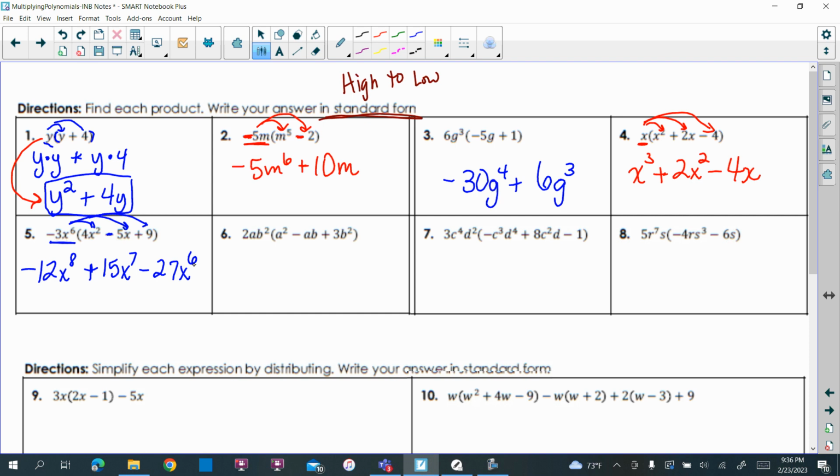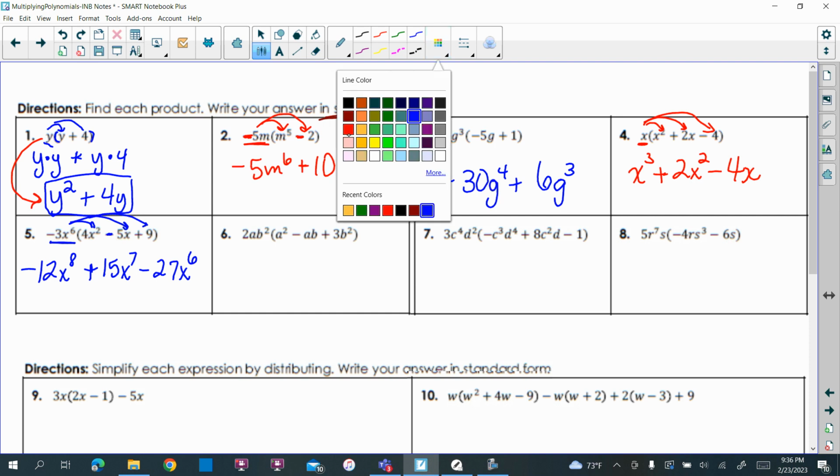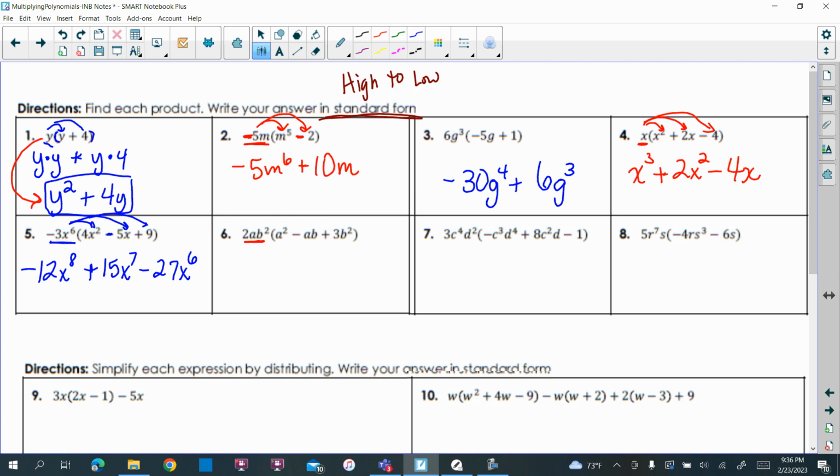Now, if you have more than one letter, don't let that confuse you. You're still going to do numbers together, but do each letter at a time, and write them side by side. So I'm taking this 2ab squared and distributing to each term. I'm just drawing an arrow to point which one I'm multiplying to. Now, 2ab squared times this a squared, so the exponents of the a's get added. So this turns into 2a to the 3rd power, and you keep that b squared.